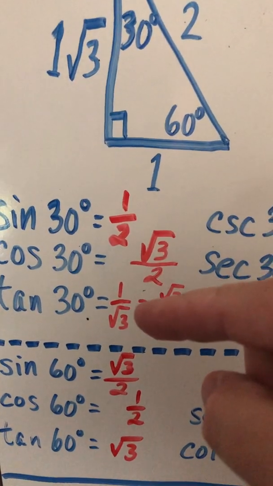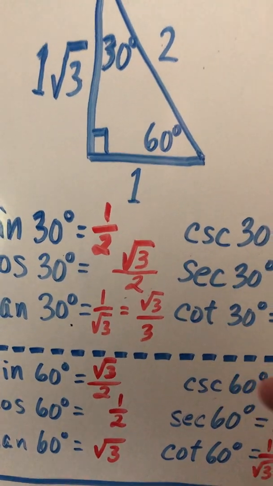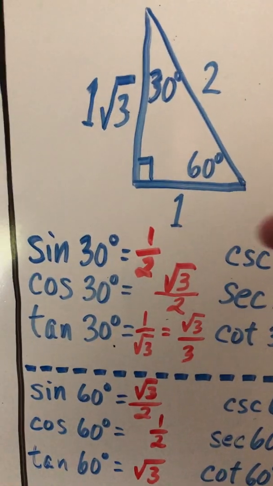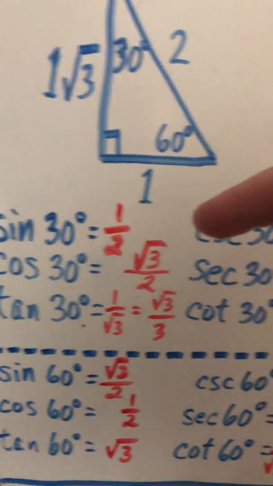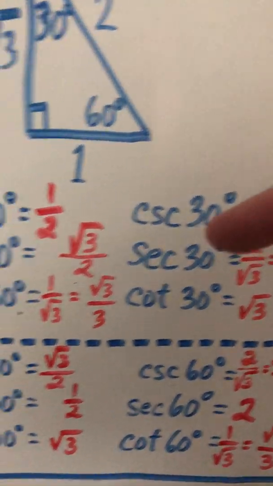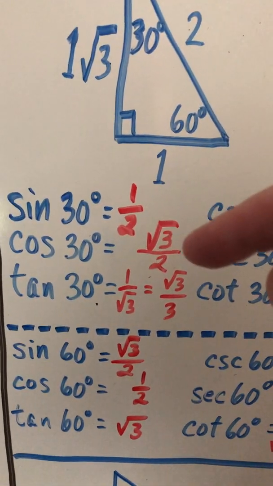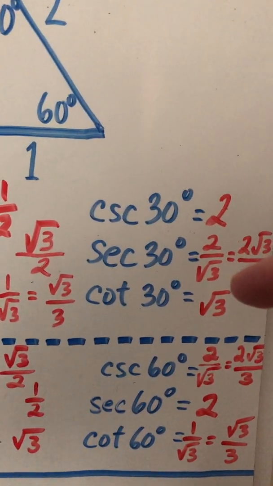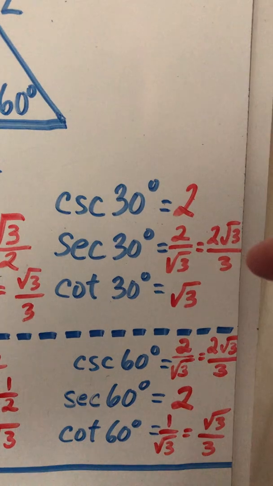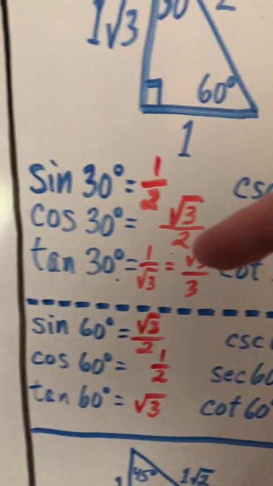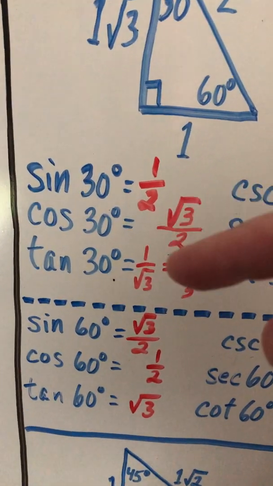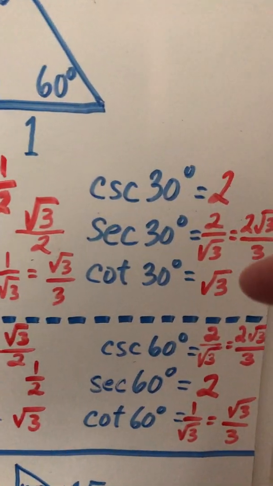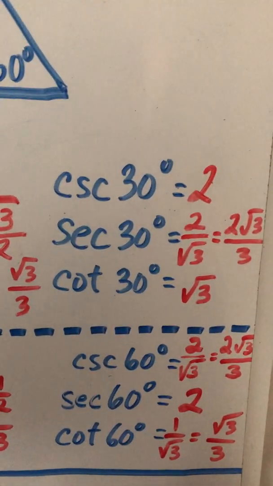But 1 over the square root of 3 equals square root of 3 over 3. So cosecant, you flip this, cosecant would be 2. Secant 30 is 2 over square root of 3, which is 2 square root of 3 over 3. Tan 30 is 1 over square root of 3, so cotan is just plain square root of 3 over 1, which is square root of 3.